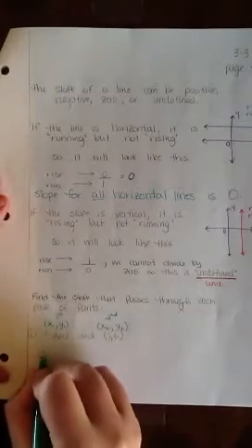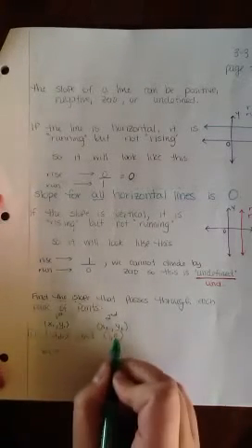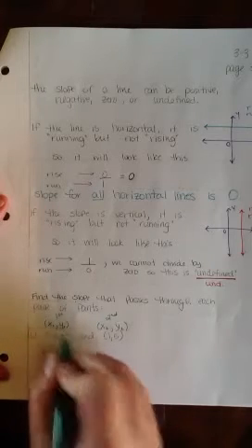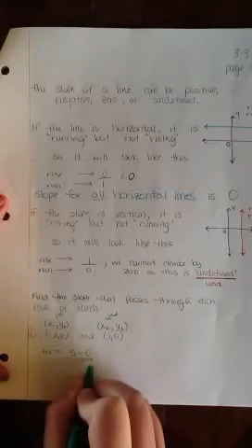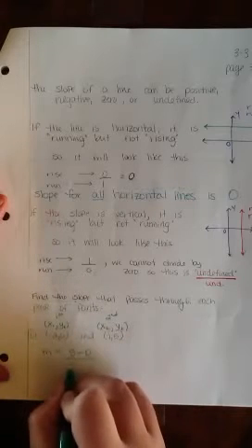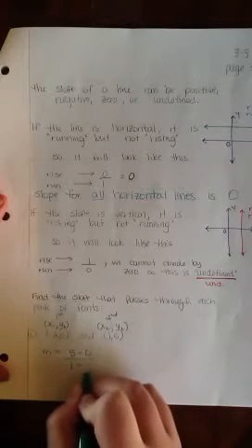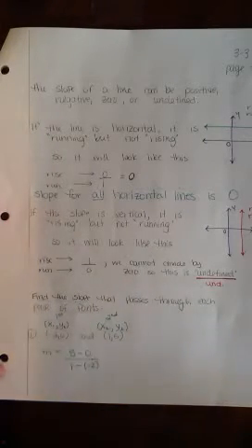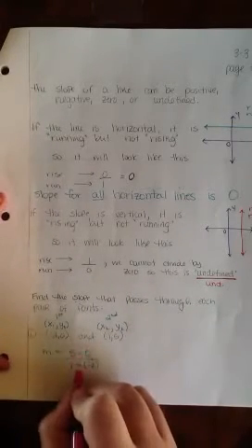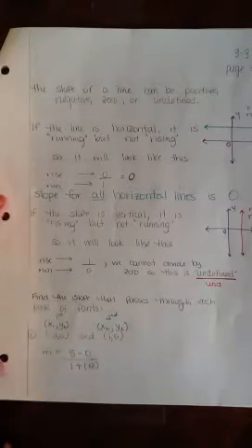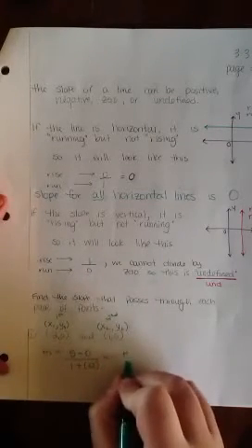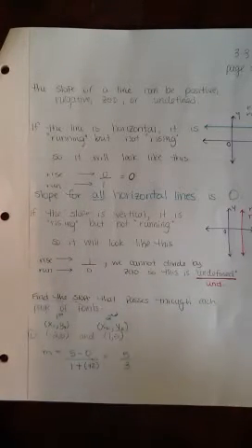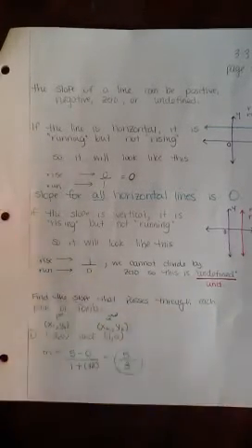And m equals y sub 2, which is 5, minus y sub 1, which is 0, over x sub 2, which is 1, minus x sub 1, which is negative 2. Now remember, when you subtract a negative, it's the same thing as adding a positive. And I get 5 minus 0 is 5, 1 plus 2 is 3. So I get a positive 5/3, and I will leave it as a fraction.